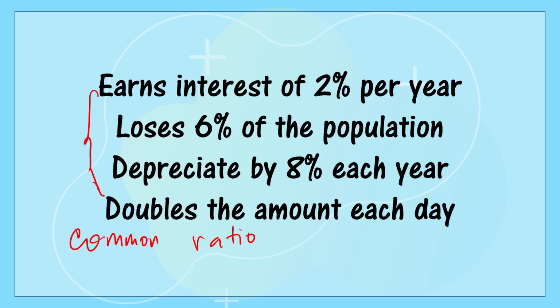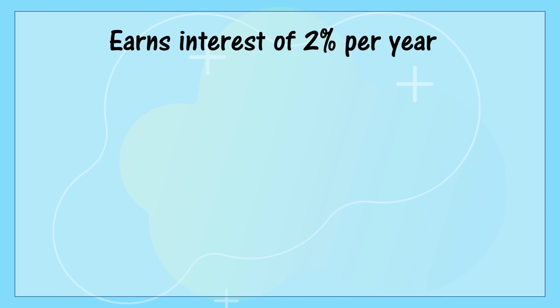Now let's have the first statement muna. Let's say, earns interest of 2% per year. Tatandaan na lang po, grade 10, kapag nag-earn siya ng interest or nag-i-increase yung value niya to a certain percent, ang gagamitin po natin lagi na common ratio or yung value ng r is the given na percent plus 100%.